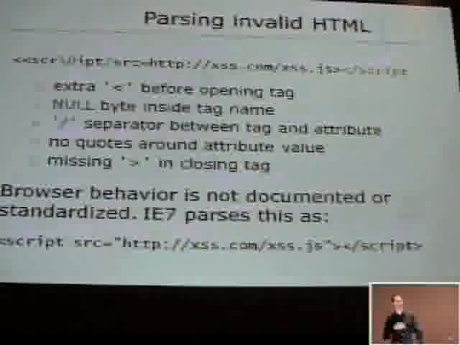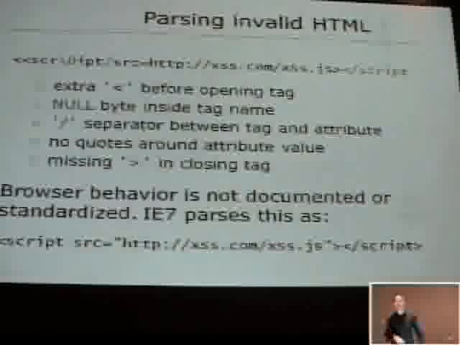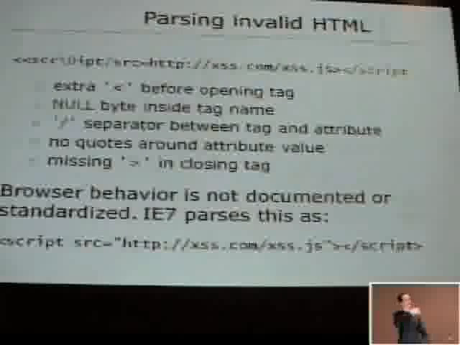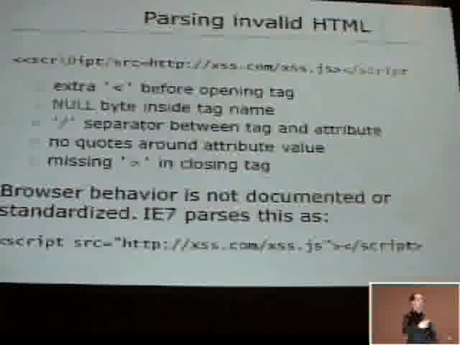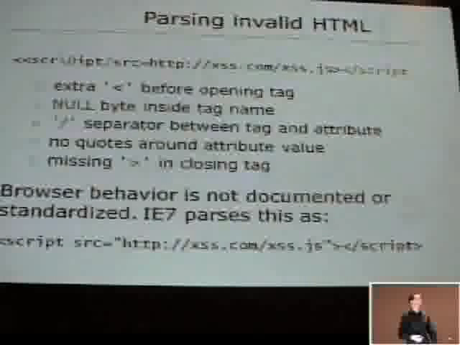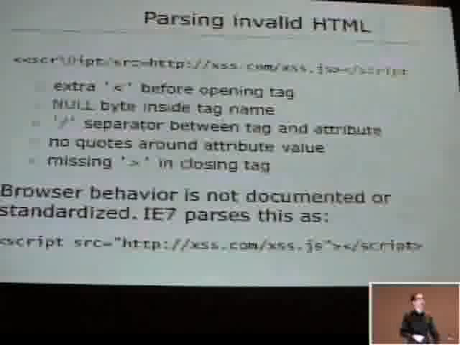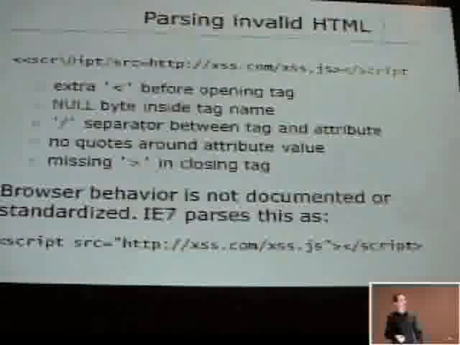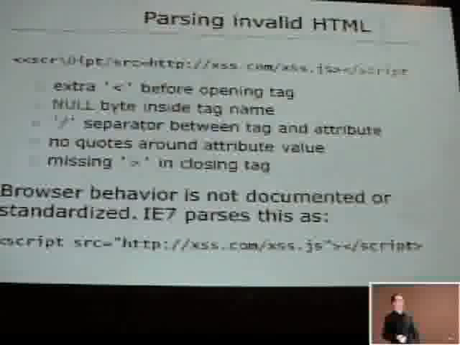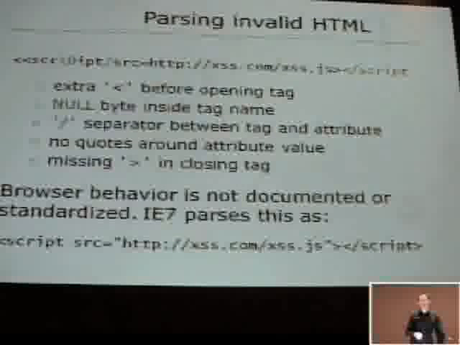In Internet Explorer, you can put null bytes anywhere in the HTML, as many as you want, and they just get completely ignored. So you can use them to break up the name of the tag. You can also use a forward slash as a separator between a tag and an attribute instead of white space. You don't need quotes around the attribute value. You don't need a greater than sign when you close the tag.